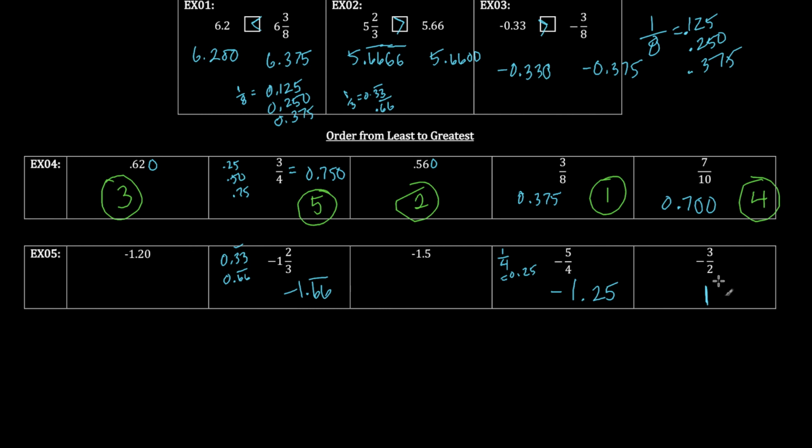So I can take out a whole. I'm going to assume I don't have to explain why I have to take out 1. That means there's 1 left over, which is 0.50 or 0.5. So negative 1.5.